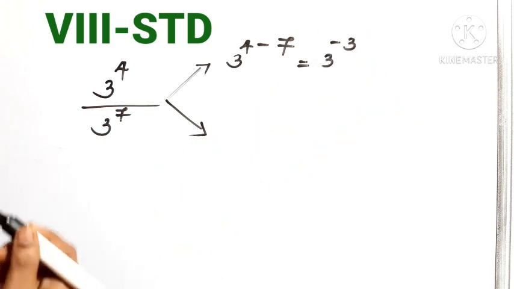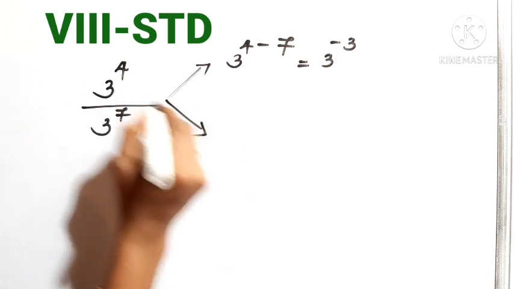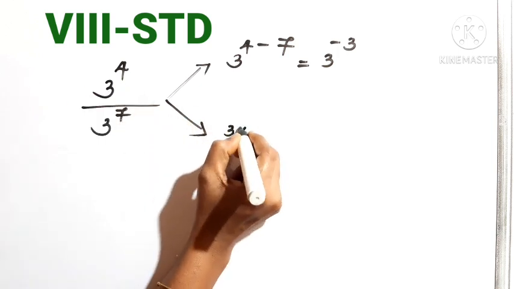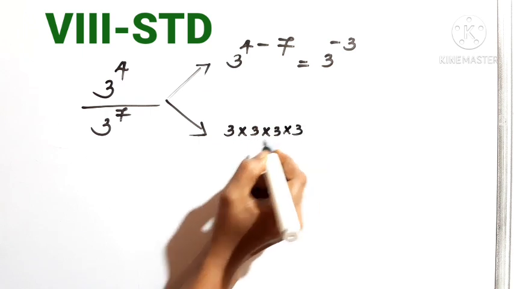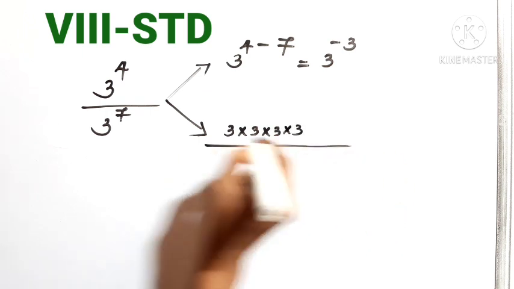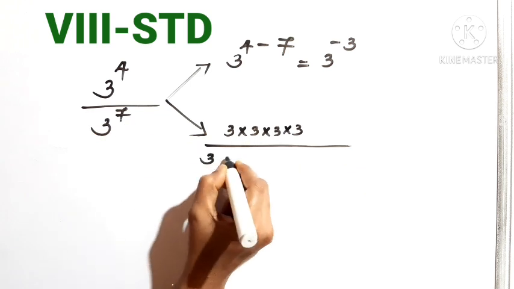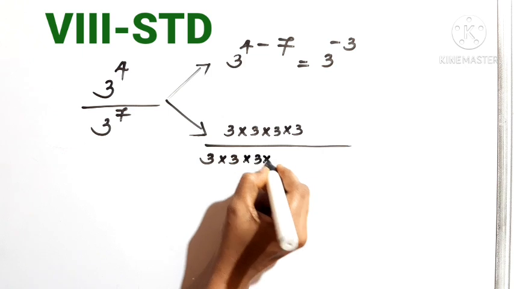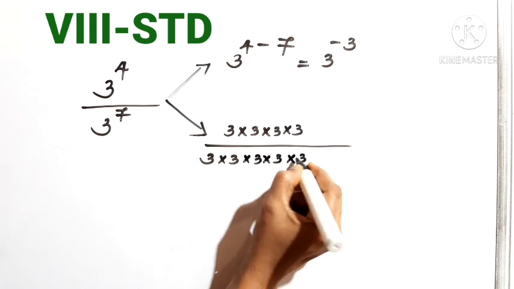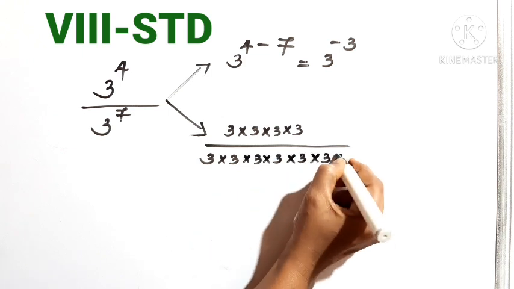Okay. Then next method, 3 raised to 4 also equals 3 into 3 into 3 into 3. 3, 4 times, right? Then 3 raised to 7 equals 3, 7 times. 1, 2, 3, 4, 5, 6, 7.